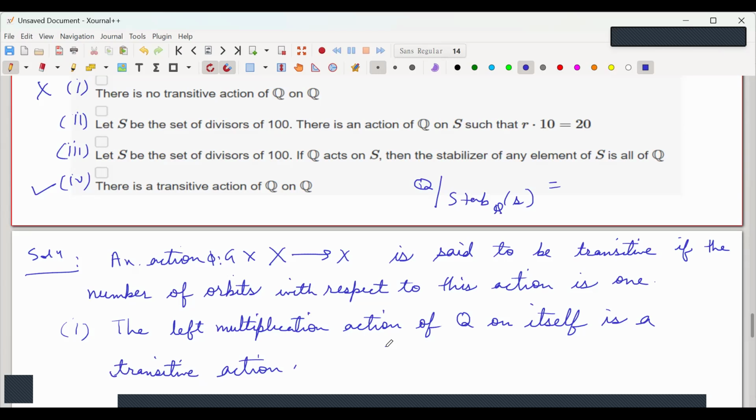This will be the same as the orbit of the element S.